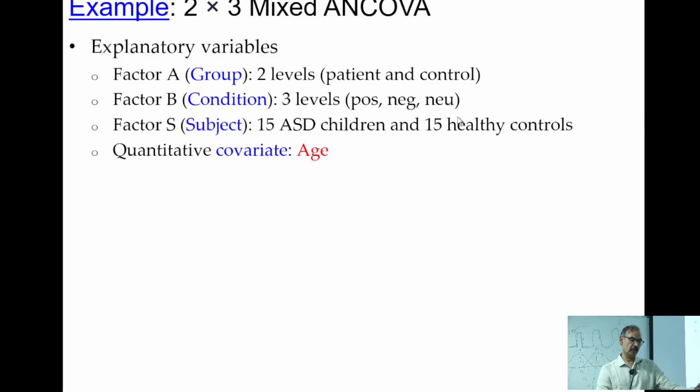And then factor S, which is the subject, has 15 autism and 15 healthy control. Again, in this case, the covariate we can use is age. Again, we use age, not, let's say, weight or height, because age is a much better predictor of brain connectivity than other parameters. And also, these things are regressed out.